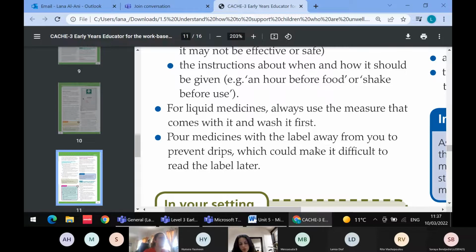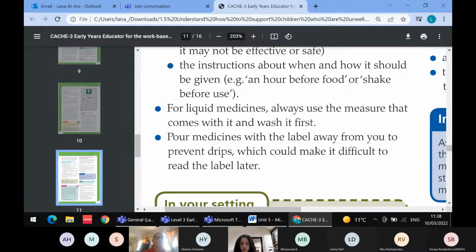And also wipe the medication label clean. So you need to check if there is anything which could make it difficult to read the label. If any medicine were spilled on the tin itself, that will make it very hard for you to read the label.